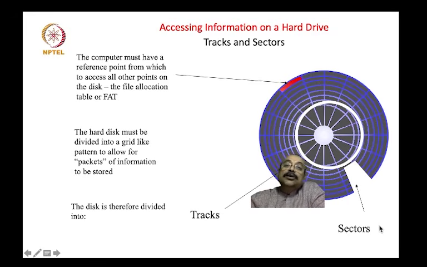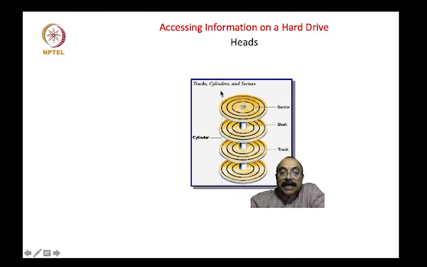Cluster is the software address given by the operating system. And not only one platter, multiple platters will be there in the hard drive, with a very thin gap in between. Not like in this diagram. For understanding, the diagram is shown like this, but in reality the gap is the smallest.